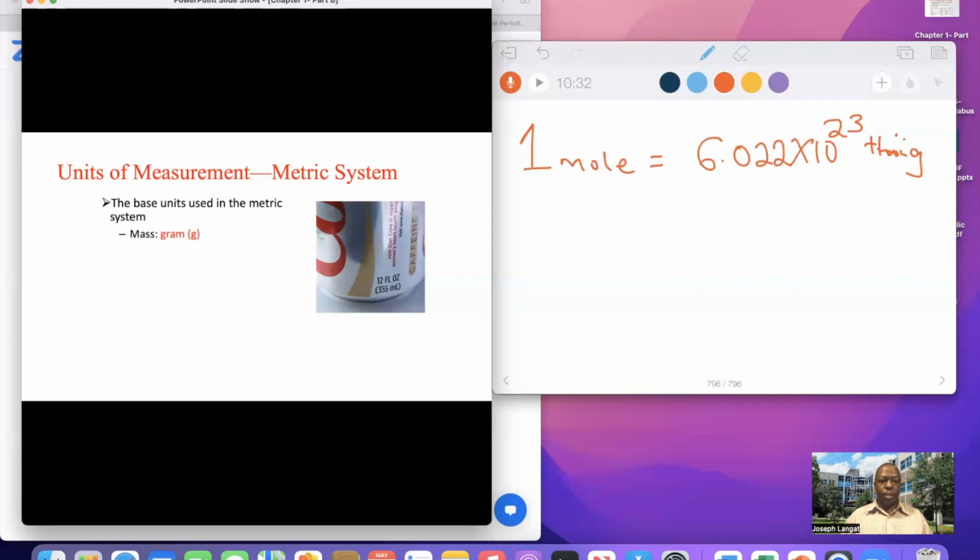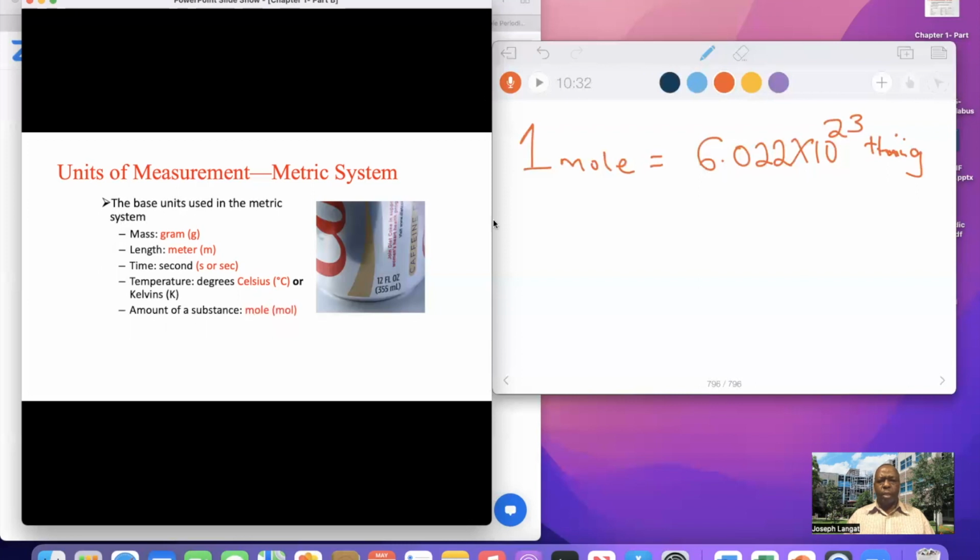So for the metric system, we use grams for mass, meter for length, and second for time. So remember that. Don't get confused with kilogram, which is for the SI unit. Temperature, degrees Celsius. These are the highlighted base units in the metric system.